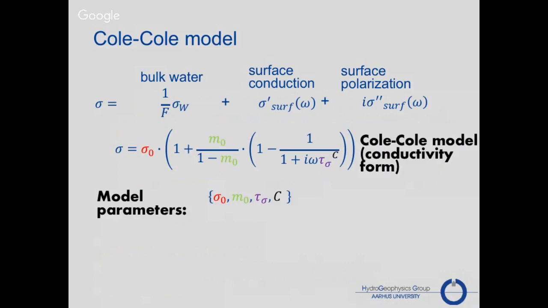So the inversion parameters are again sigma 0 or sigma infinite, M0 or eta, and then tau sigma and C. I specify tau sigma because in a conductive form, this tau value is the inverse of the frequency where the imaginary conductivity has the maximum. If you write the classic Pelton model in the resistivity form, it would be tau rho, the inverse of the frequency where the imaginary resistivity has the maximum.